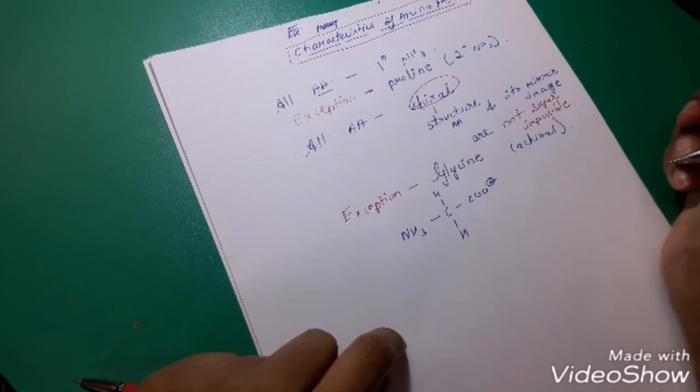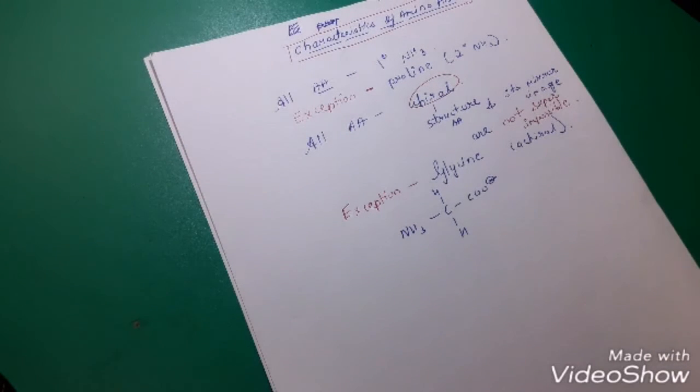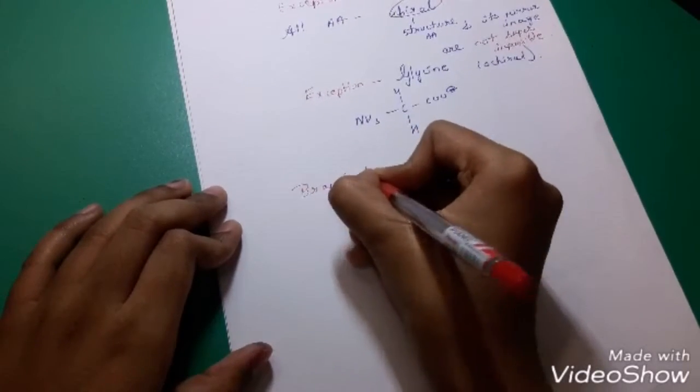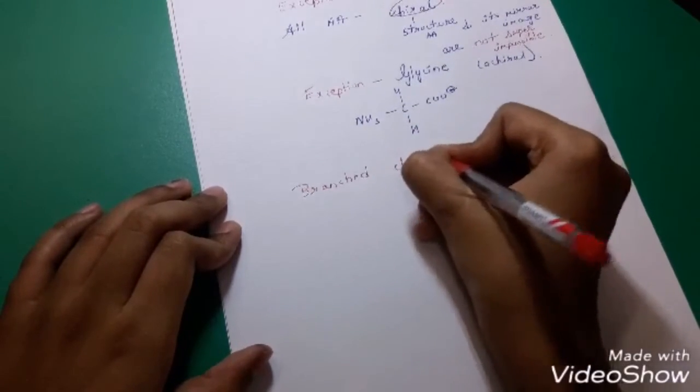So next, we have seen 3 amino acids which are called branched chain amino acids.